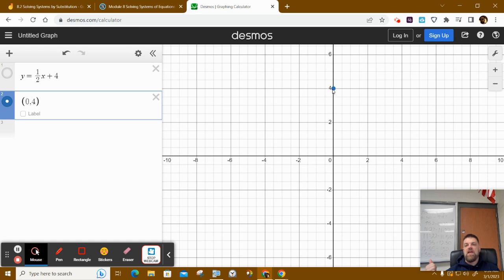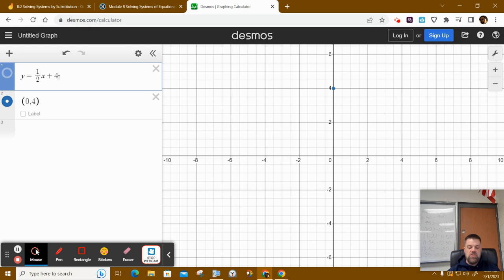Okay, so in the y-intercept form, when we say y equals mx plus b, the m is the number in front of the x. That's always the slope. This constant, whatever number this is, is where it crosses the y-axis.